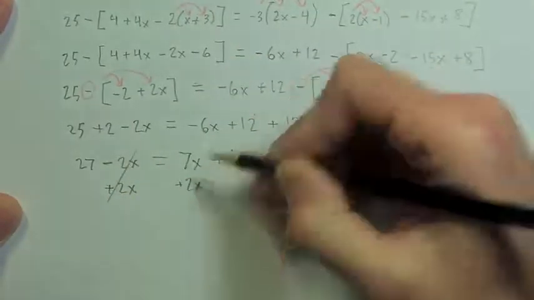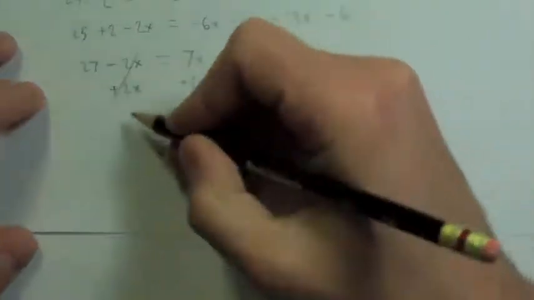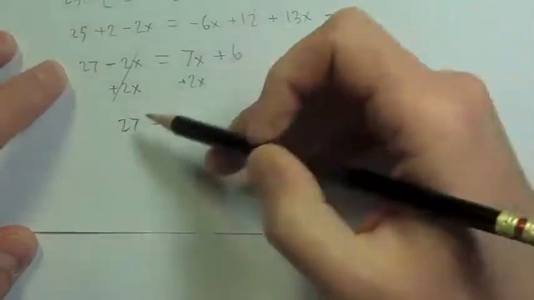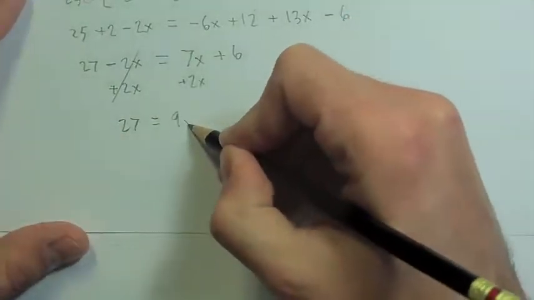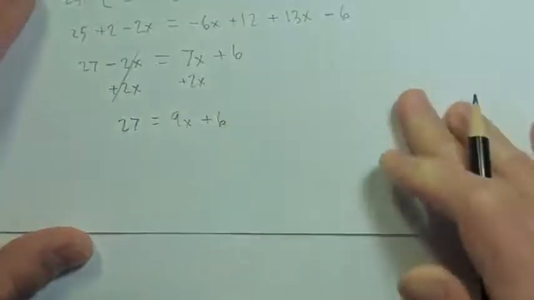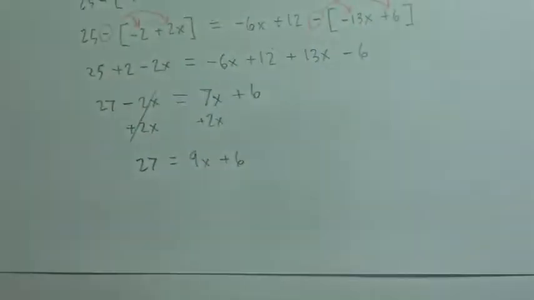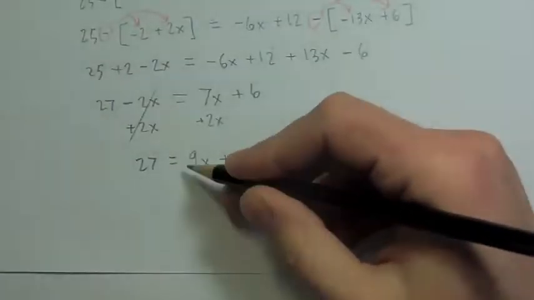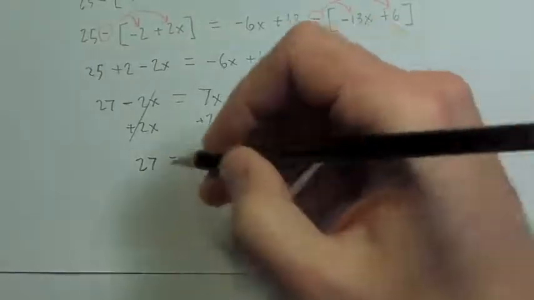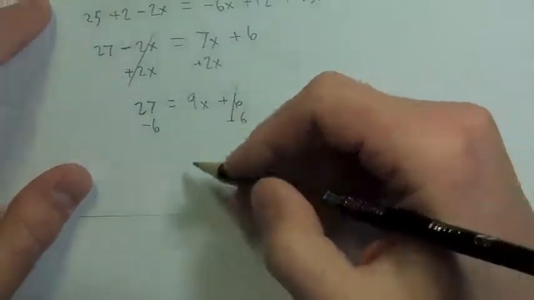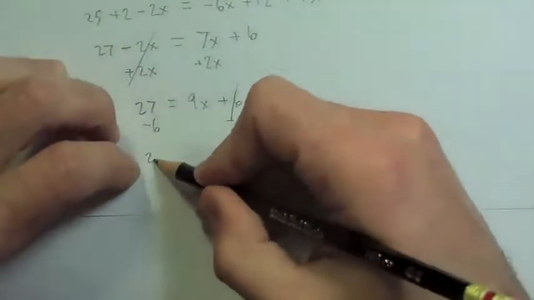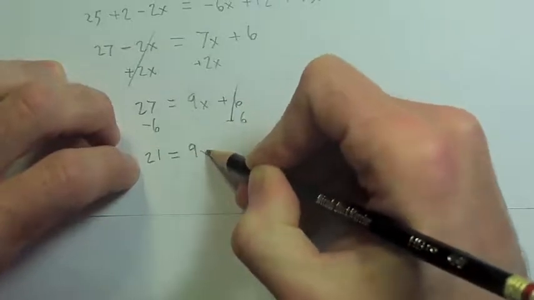And that gets rid of the negatives that I might introduce. So here I'll have 27 is equal to 9x plus 6. So now I have no negatives. And the same thing here. Now that I have the x's on one side, I'm going to move the 6 over to get my constants on the other. So that will cancel, and we'll get 21 is equal to 9x.